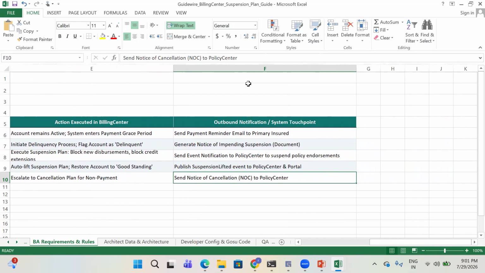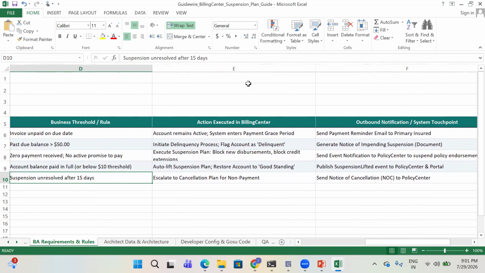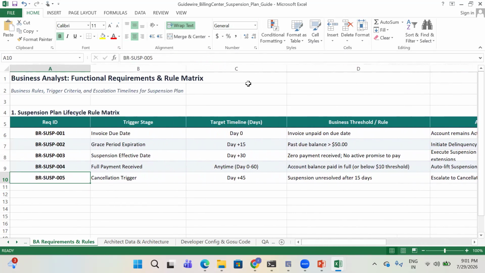Subsequently, a notice for cancellation is sent to the policy center. Automatically, in the policy center, on the date and time, the policy will be cancelled. If the customer wants to reinstate it, he has to do it on the same day itself. Otherwise, the policy will be cancelled. If he wants to reinstate it, he has to rewrite the policy, and whatever risk assessments, etc., have to be done accordingly.